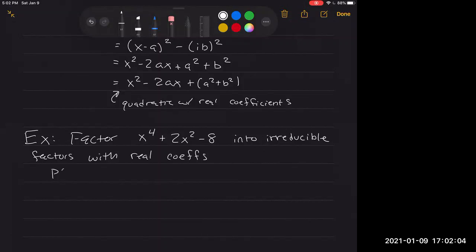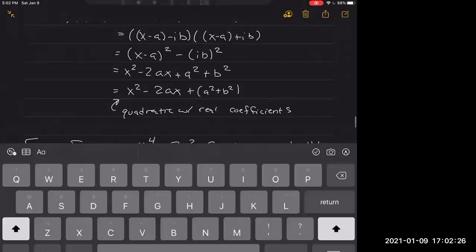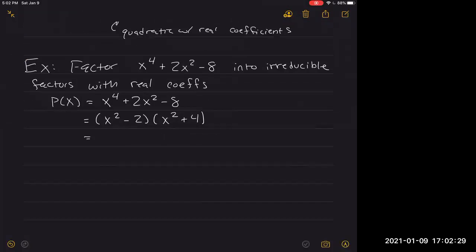If we have P of x equals x to the fourth plus 2x squared minus 8, we are able to factor this as (x squared minus 2)(x squared plus 4). And then we can factor that into (x minus the square root of 2)(x plus the square root of 2).